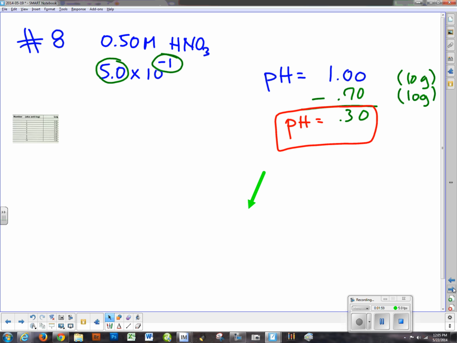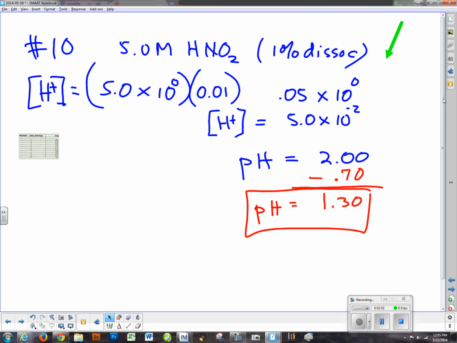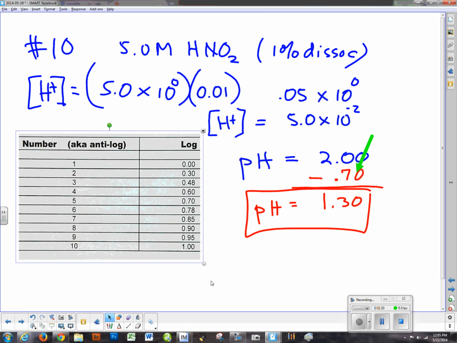Moving on. Here's the solutions for problem 10 from the textbook. And again, this guy is coming from the exponent of the hydrogen ion concentration, which had to be figured first. And then this guy, again, comes from this.